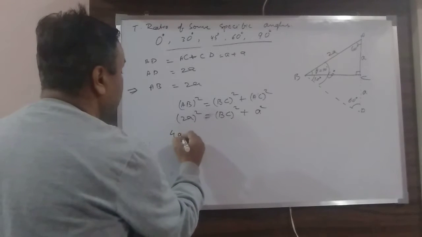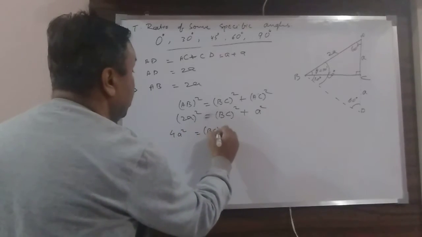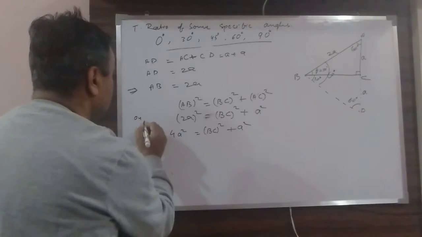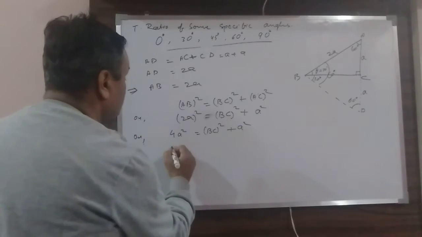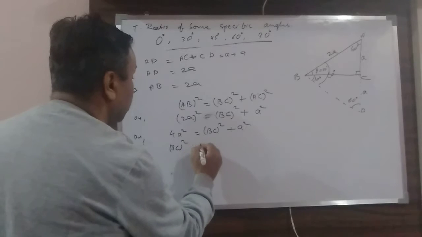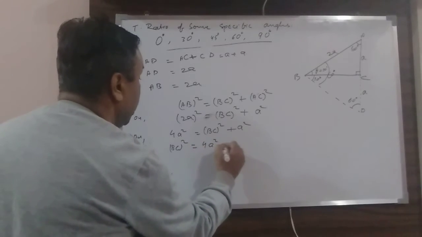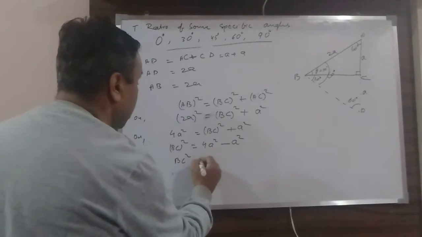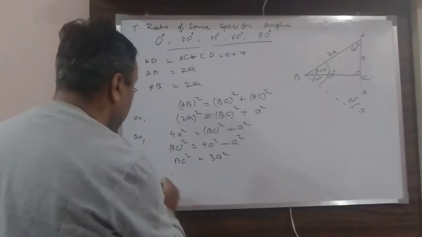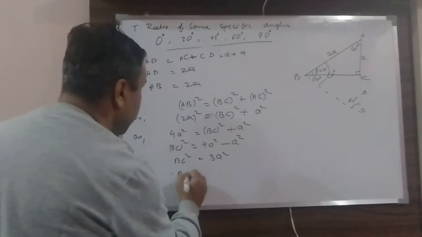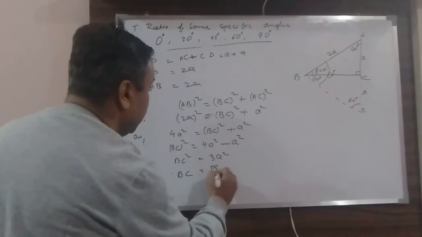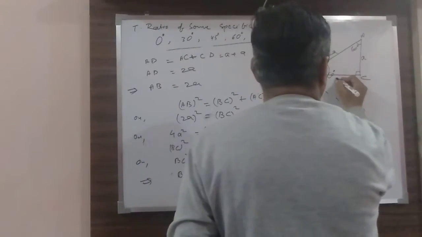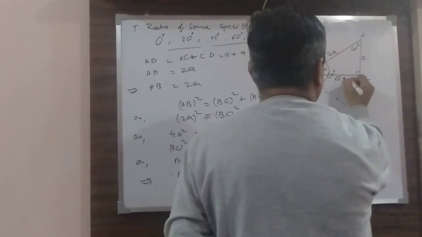So it is 4A square is equal to BC square plus A square, or I can say BC square is equal to 4A square minus A square, or BC square is equal to 3A square. So BC is equal to square root of 3 into A.